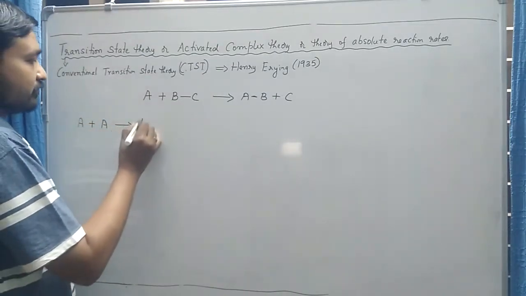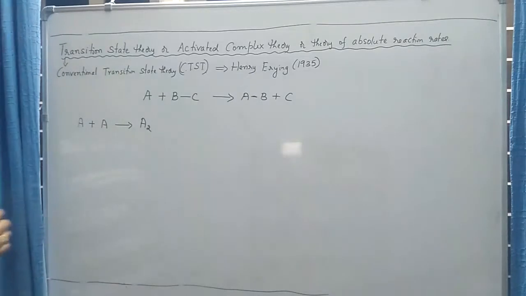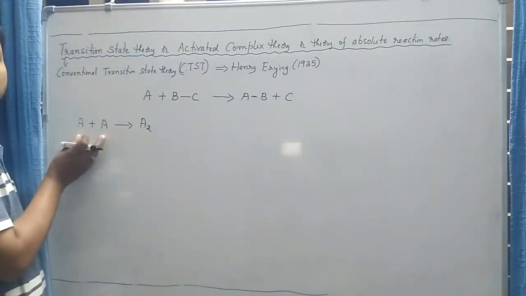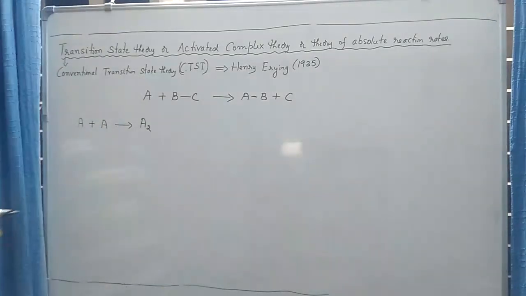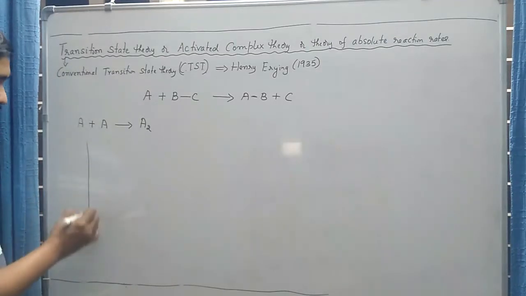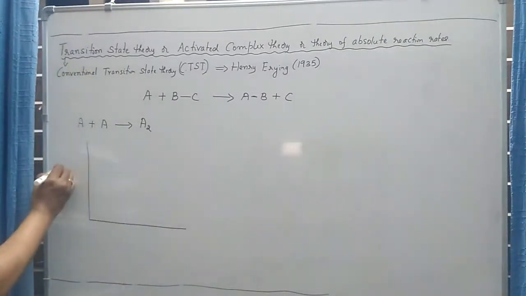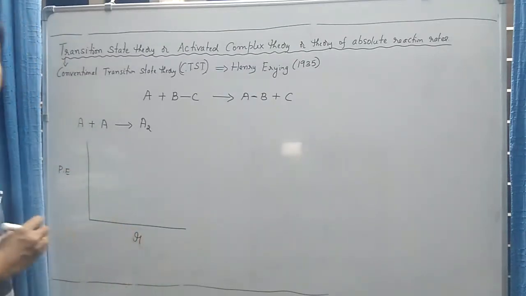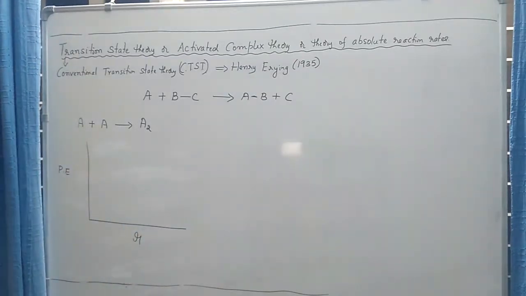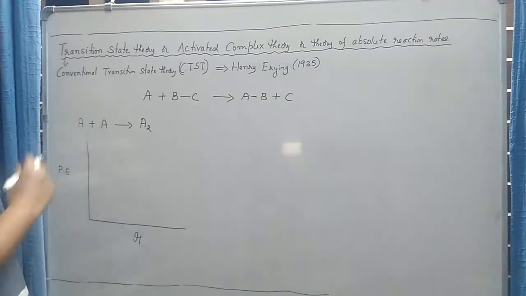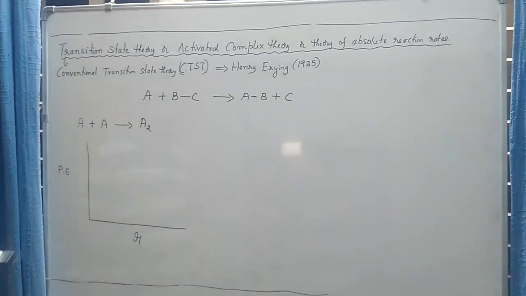Say for example, I am considering formation of some molecule A2. For the formation of the molecule A2, it is necessary that the two atoms of A should combine with each other. Now let me plot a graph of potential energy versus r, that is the distance between the two atoms, and try to analyze what happens to the potential energy as the distance between the two atoms varies.